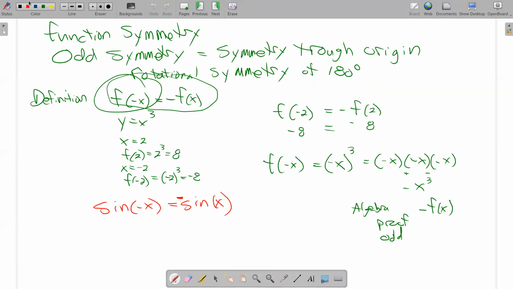Other trig functions follow these patterns. Because tangent is sine over cosine, the tangent is odd symmetric. Tangent of negative x is equal to the negative of the tangent of x. Same thing with the cotangent, because the sine is involved. And then the cosecant is related to the sine, it's 1 over sine, so the cosecant is also odd symmetric.